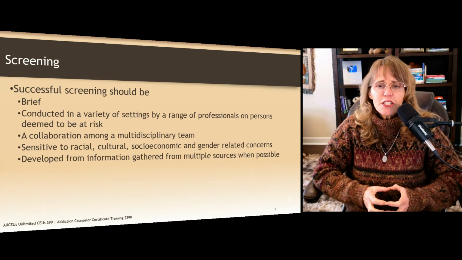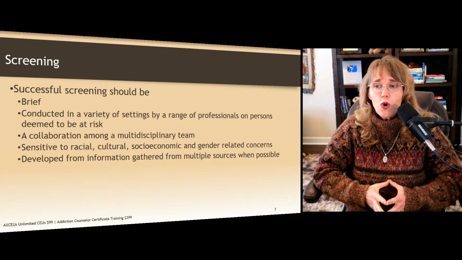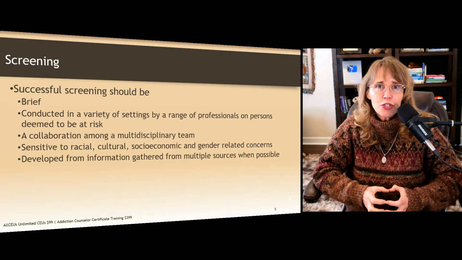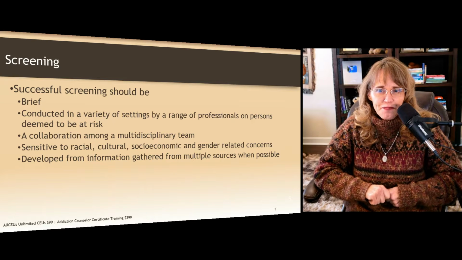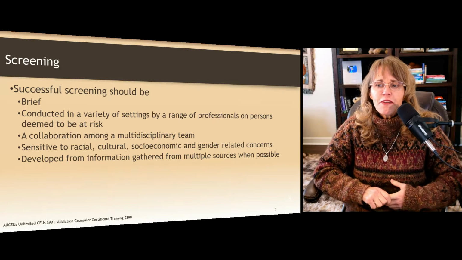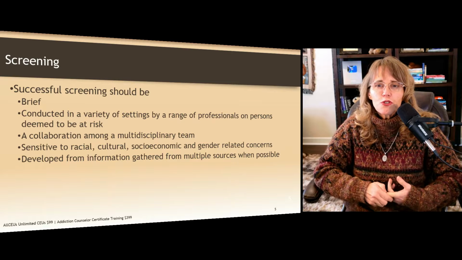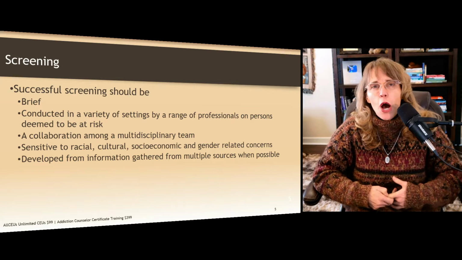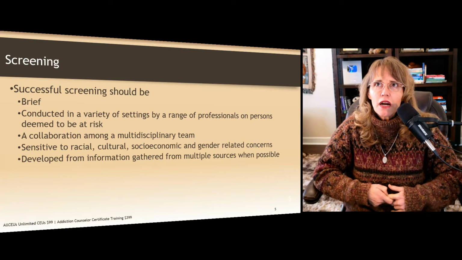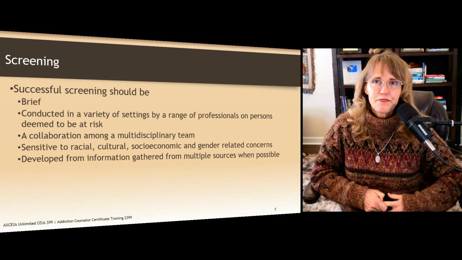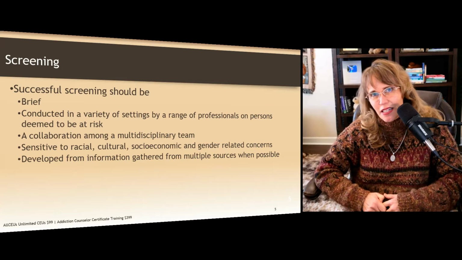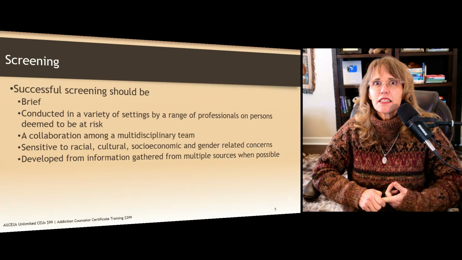Successful screening also needs to be sensitive to racial, cultural, socioeconomic, and gender-related concerns. Enough said. And it should be developed from information gathered from multiple sources when possible. Most screenings are done based on client self-report. And that's good, but it's not great.